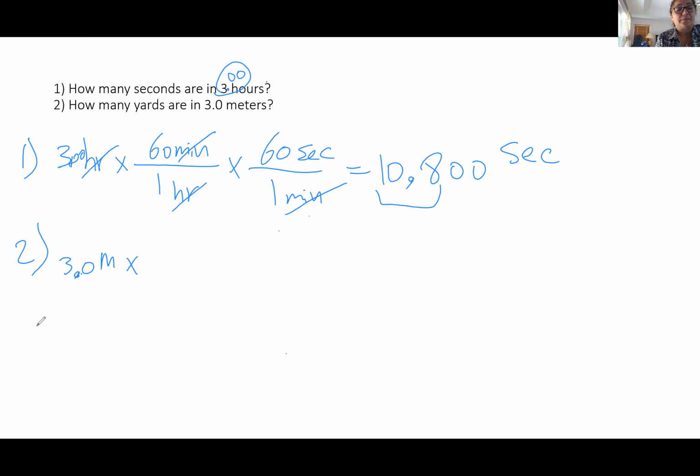First, I'm going to go from meter to centimeter, from centimeter to inches, from inches to feet, from feet to yard.